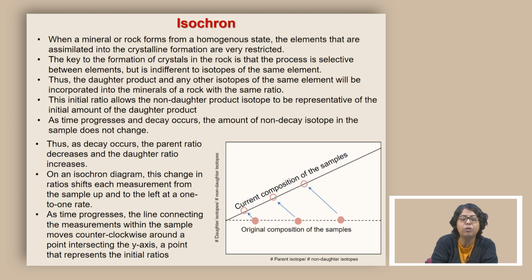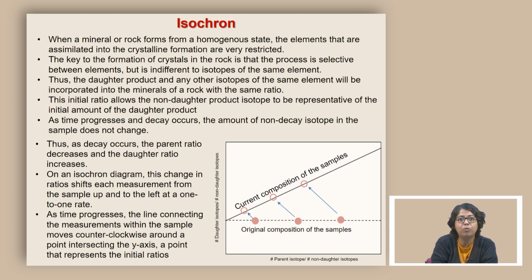Thus, the daughter product and any other isotopes of the same element will be incorporated into the mineral of a rock with the same ratio. Now, this initial ratio allows the non-daughter product isotope to be representative of the initial amount of the daughter product.